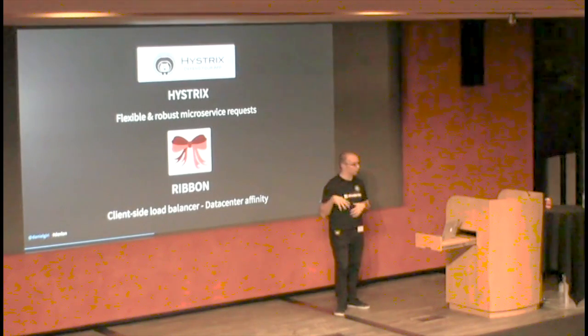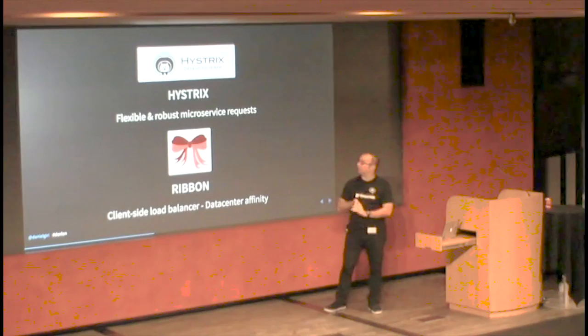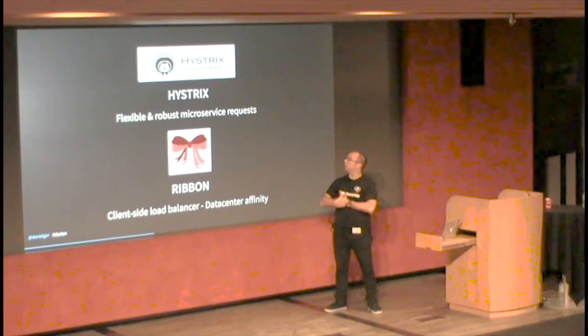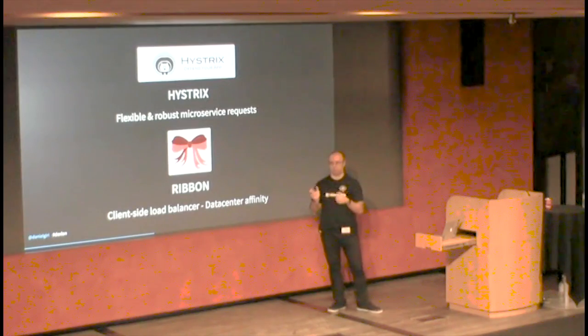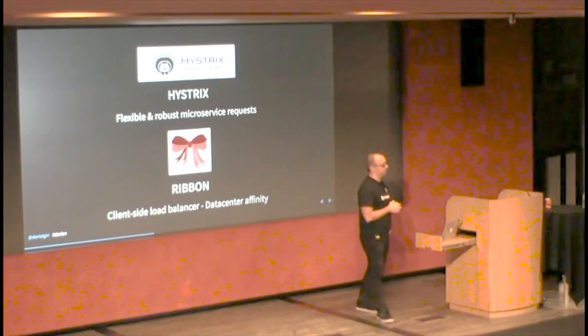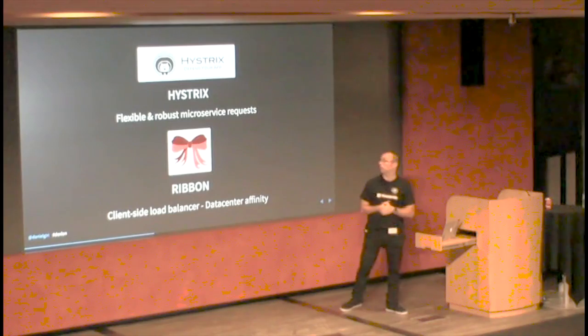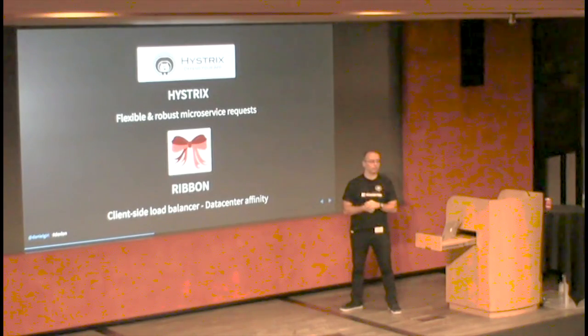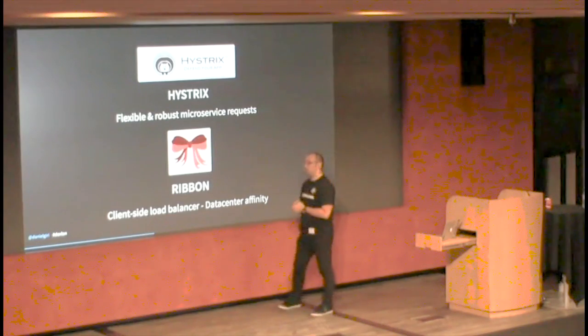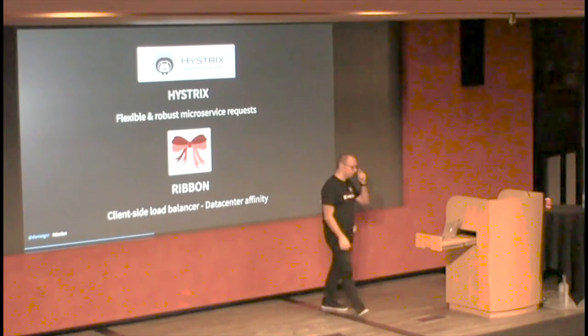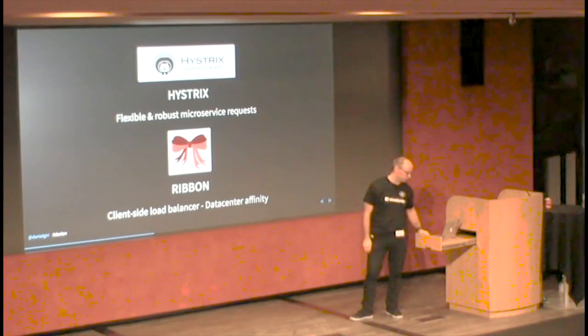We use quite a few and won't go into detail, but for instance, Hystrix is basically a circuit breaker component to do some resiliency stuff. I'll explain a bit more later. And then Ribbon for client-side load balancing. To get rid of server-side load balancers, we use Ribbon, and it works like a charm. So definitely quite happy about those.